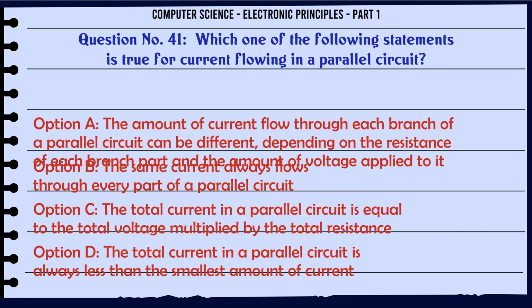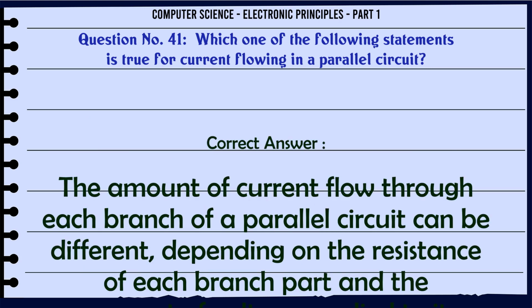C. The total current in a parallel circuit is equal to the total voltage multiplied by the total resistance. D. The total current in a parallel circuit is always less than the smallest amount of current. The correct answer is the amount of current flow through each branch of a parallel circuit can be different depending on the resistance of each branch part and the amount of voltage applied to it.